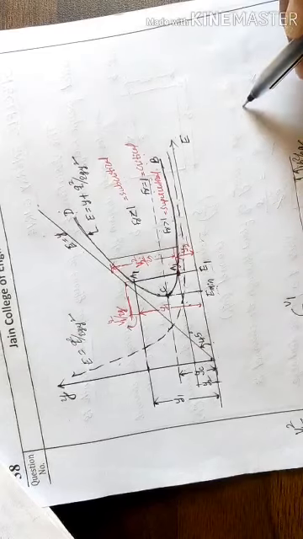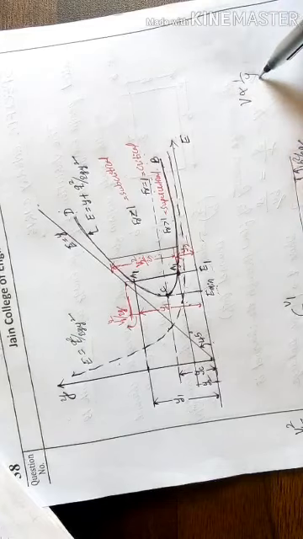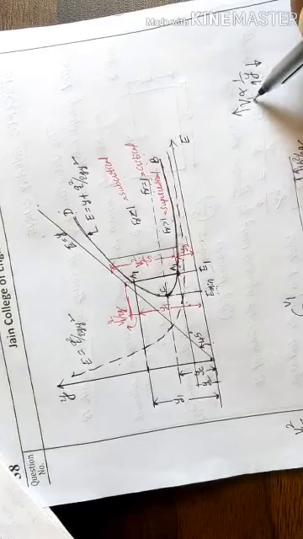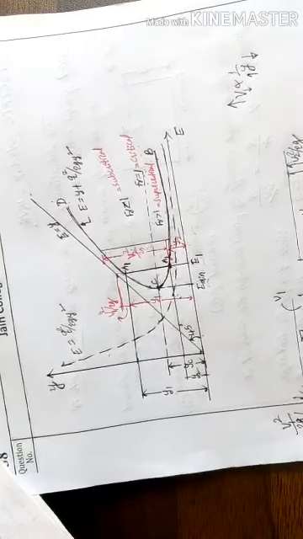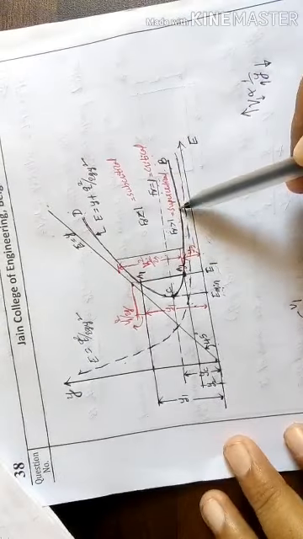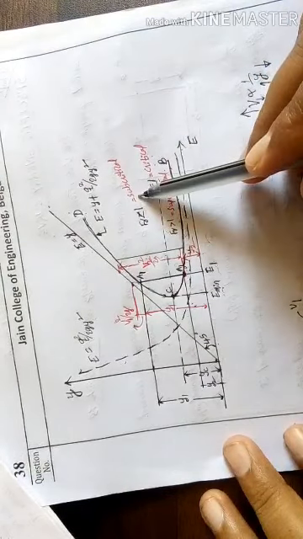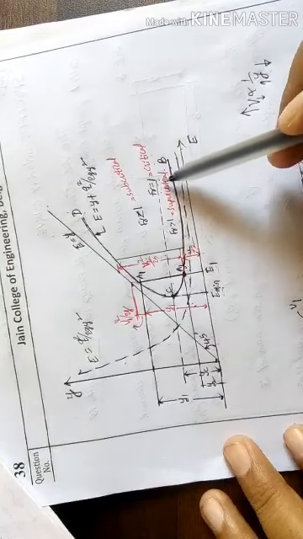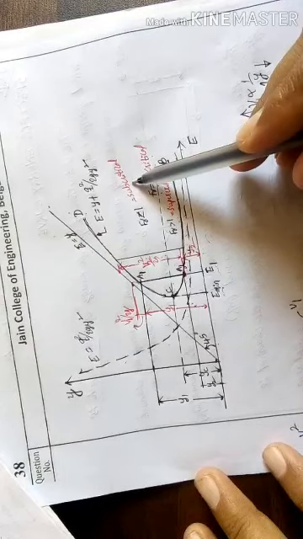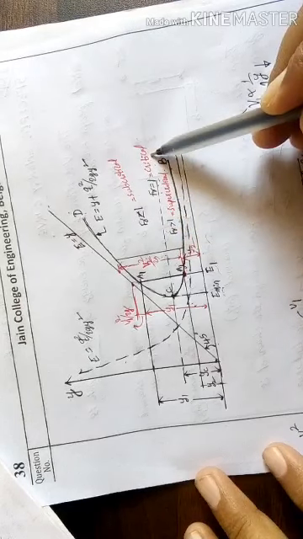We know that velocity is inversely proportional to depth. If the depth decreases, velocity increases. If the depth increases, the velocity decreases. Higher the velocity, lower the depth. Lower the velocity, higher the depth. Higher velocity means supercritical flow. Lower velocity means subcritical flow, and in between, the flow we get is called critical flow.